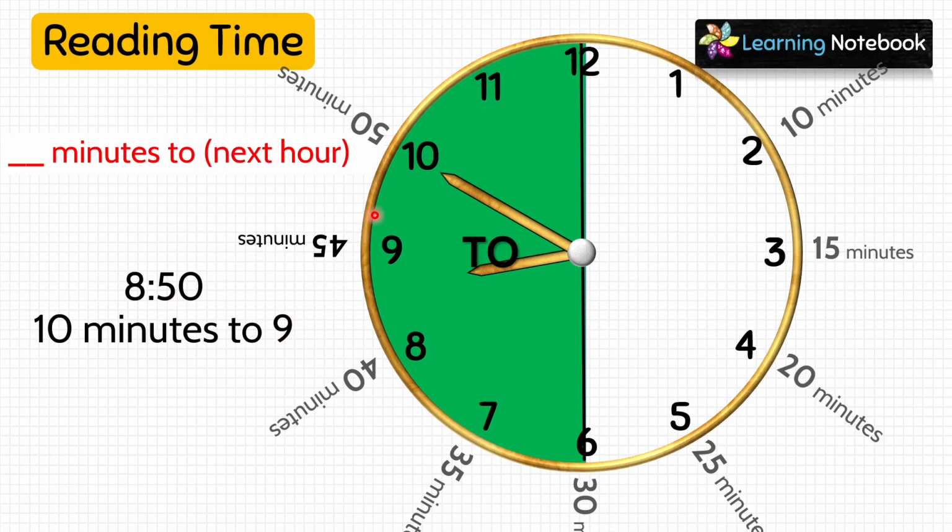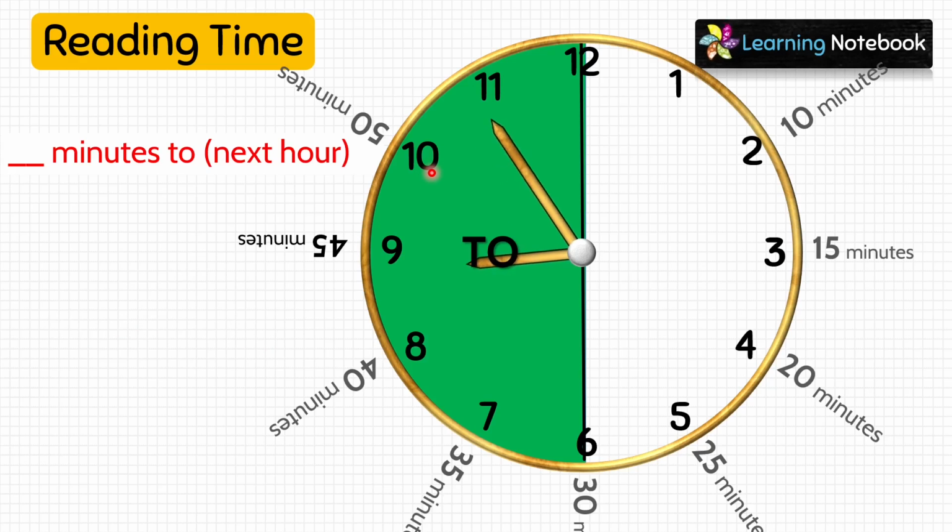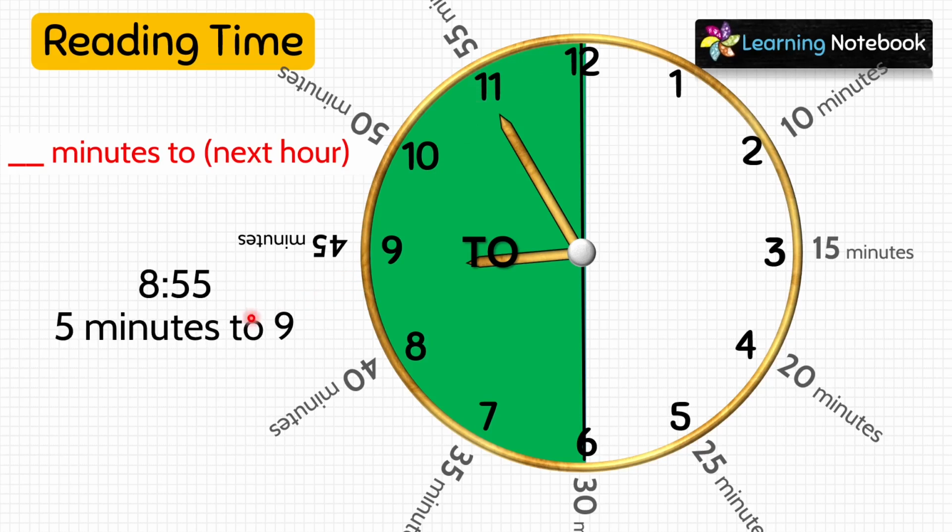Next, when the minute hand moves to 11, 55 minutes have passed and only 5 minutes are remaining to next hour 9. So we say time is 8:55 or 5 minutes to 9.